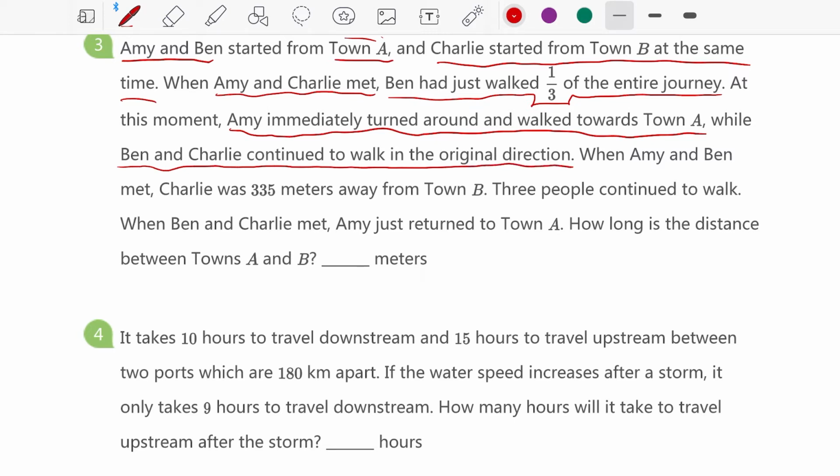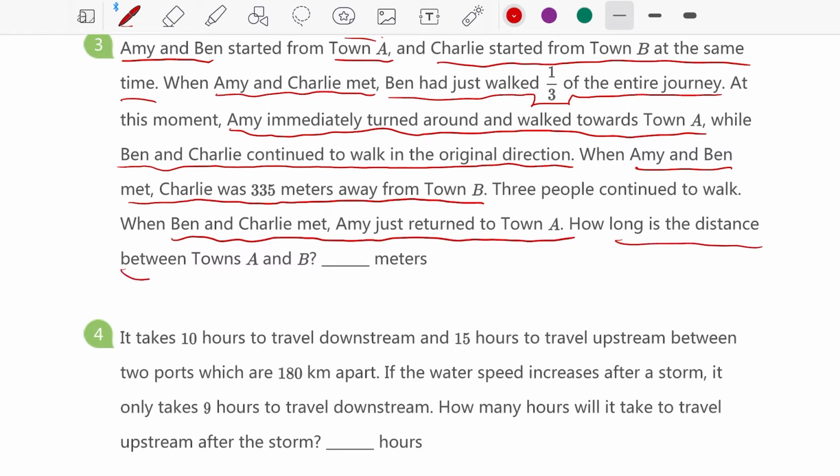When Amy and Ben met, Charlie was 335 meters away from town B, and the 3 people continued to walk. When Ben and Charlie met, Amy had just returned to town A. How long is the distance between the 2 towns?